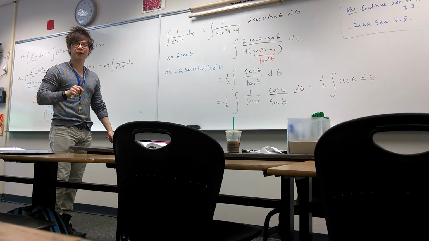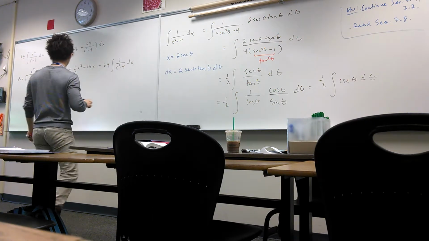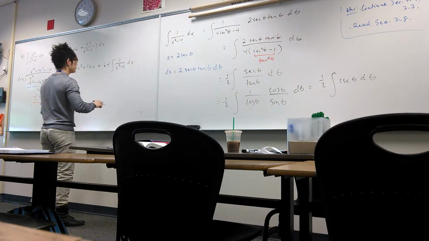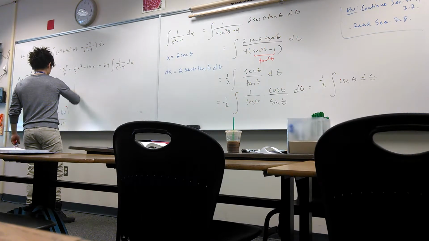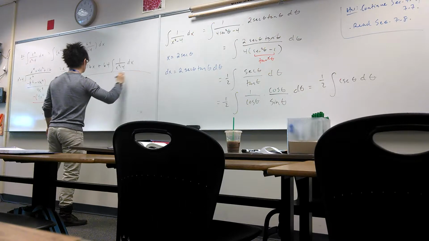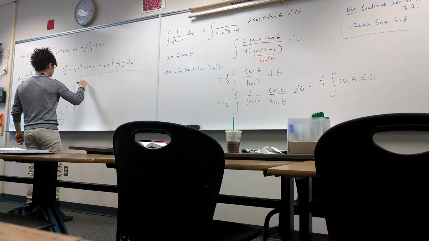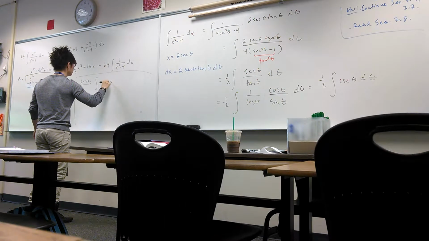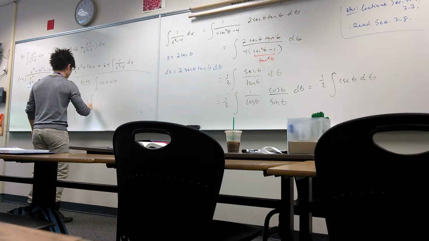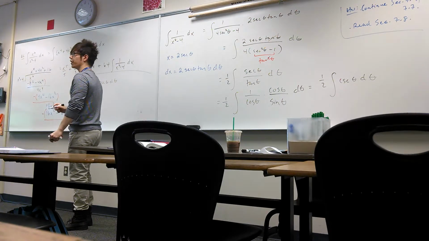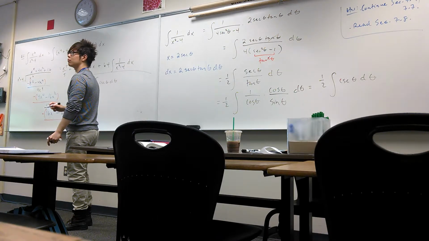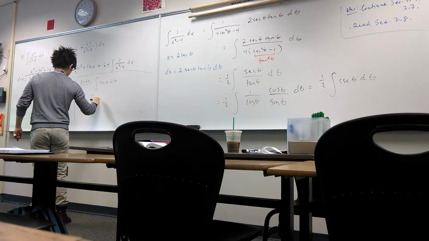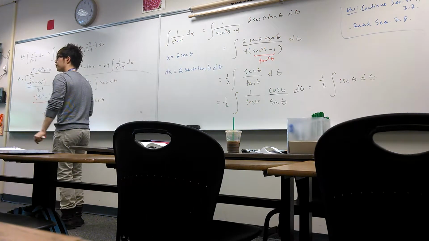Okay, so how do we integrate cosecant? How do we integrate secant? We multiplied it by secant plus tangent on the top and the bottom, right?